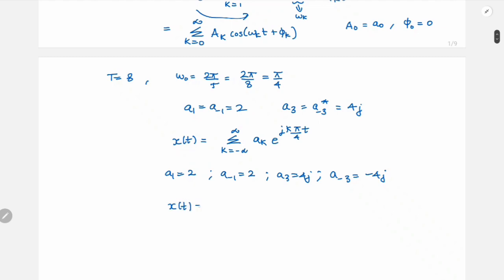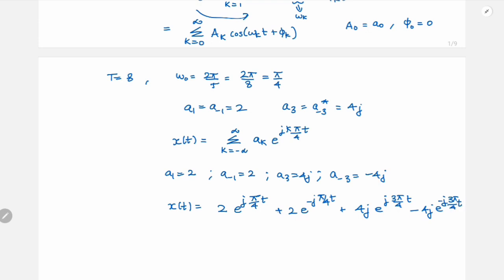So x of t is 2 e power j pi by 4 t plus 2 e power minus j pi by 4 t. Sorry, k is 1 and minus 1 here, so it's just pi by 4 t. Plus 4j e power j 3 pi by 4 t minus 4j e power minus j 3 pi by 4 t.